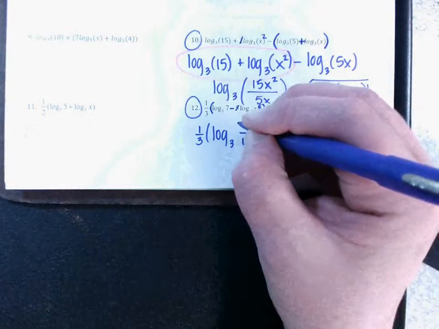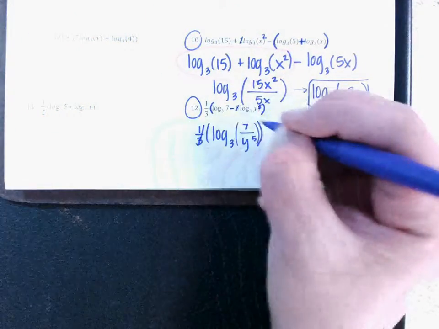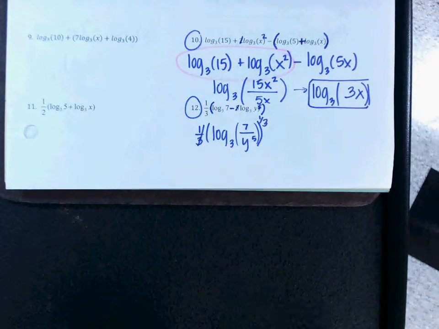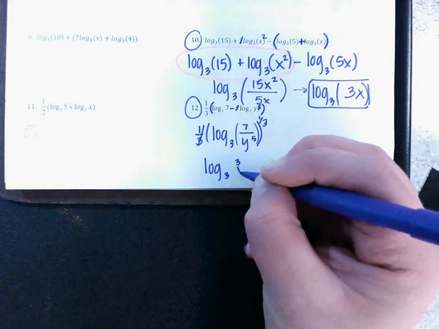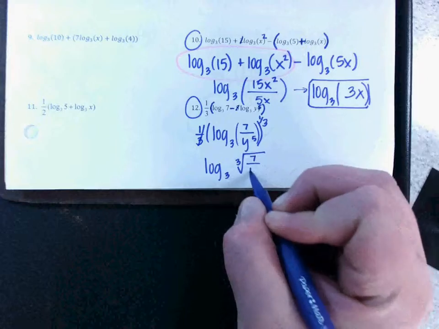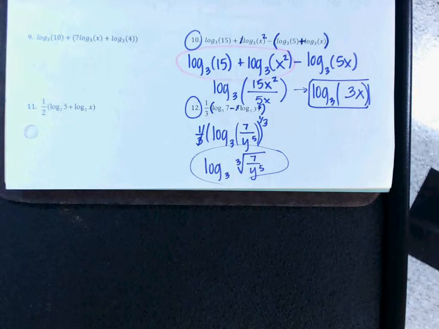So that's a fraction now on the inside. And then when I move my 1/3 up, that's going to turn it into what kind of root? Cubic root. Good job. So you'd put the little 3 in the elbow, that's your index, and then you'd have 7 over y to the 5. And that'd be your answer. Make sense?